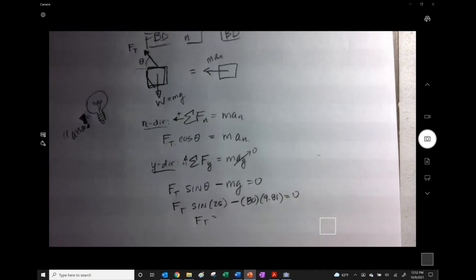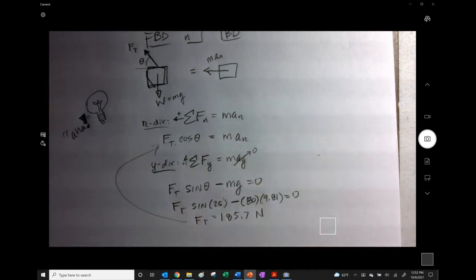Now we can find what the tension in the rope is going to be. So we have 80 times 9.81, divided by the sine of 25, and we get 185.7 newtons.